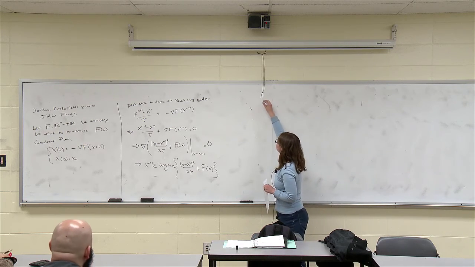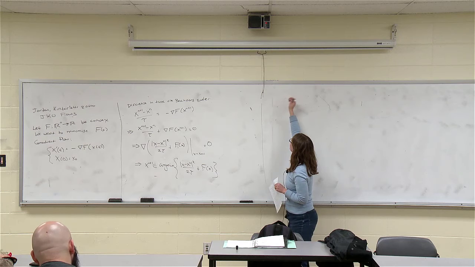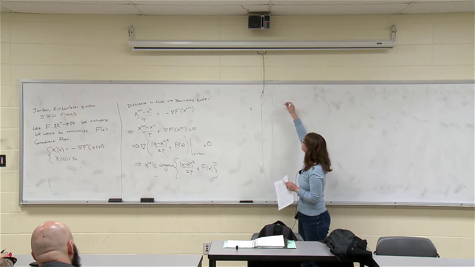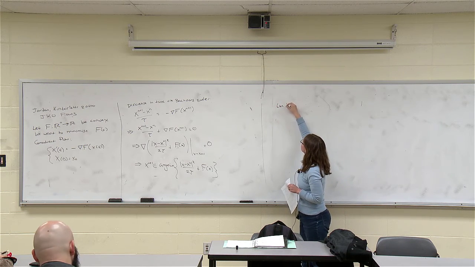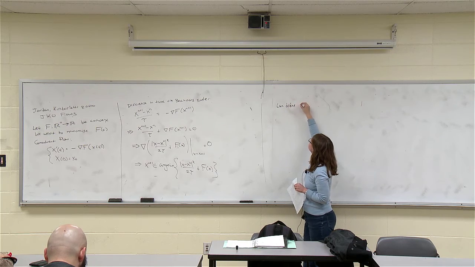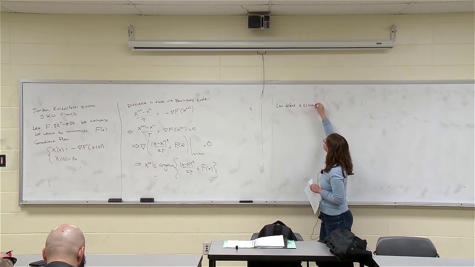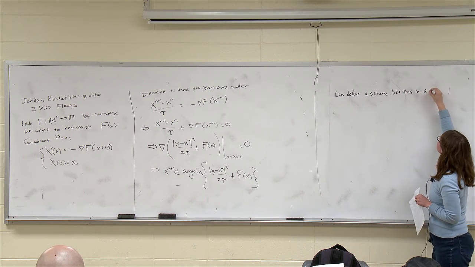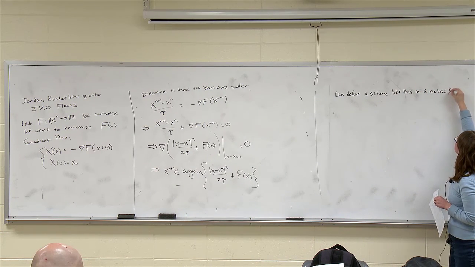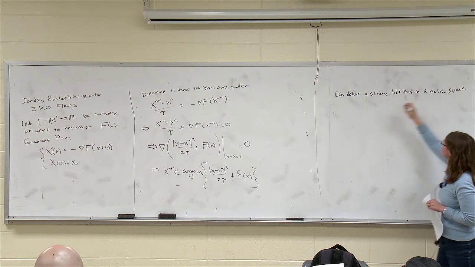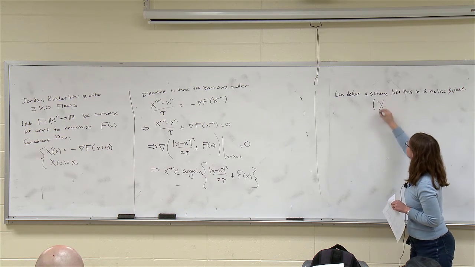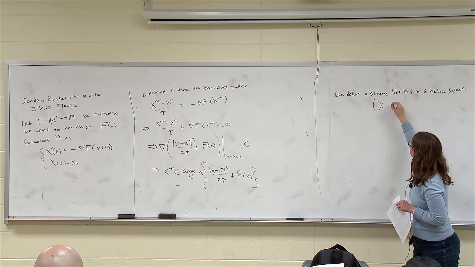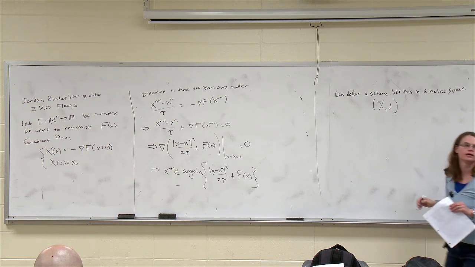So let's imagine now that we want to do this on a more general metric space. So we can define this kind of scheme on the metric space. Okay, let's say capital X is my space and D is the metric.